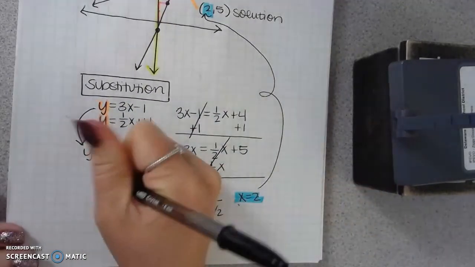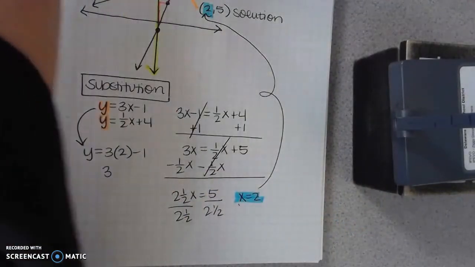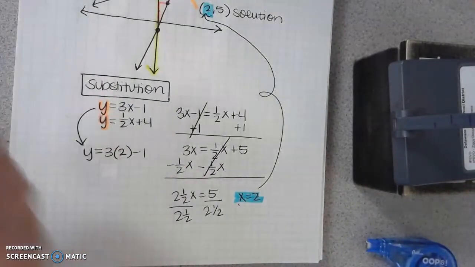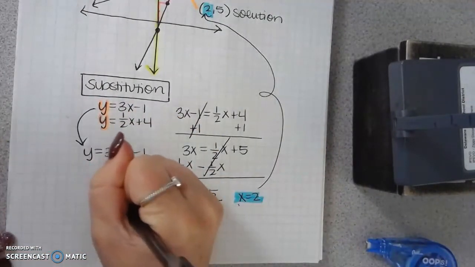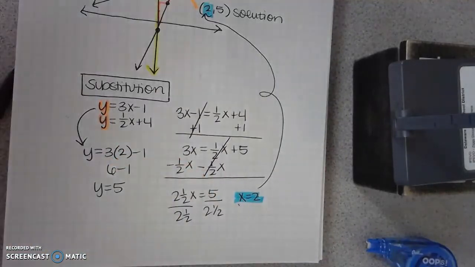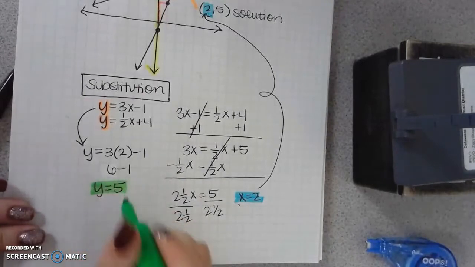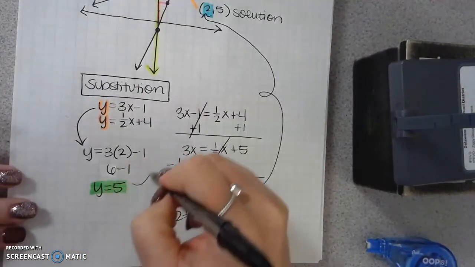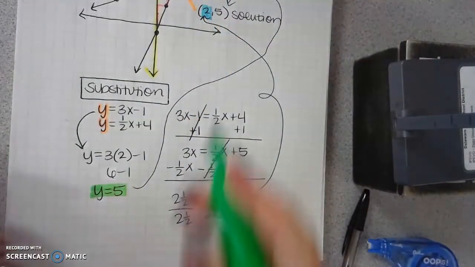Okay, and then 3 times 2 is 6, minus 1, which is 5. Oh my goodness, that looks familiar too. And that is right there.